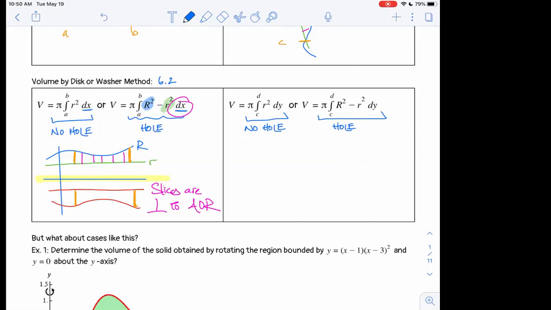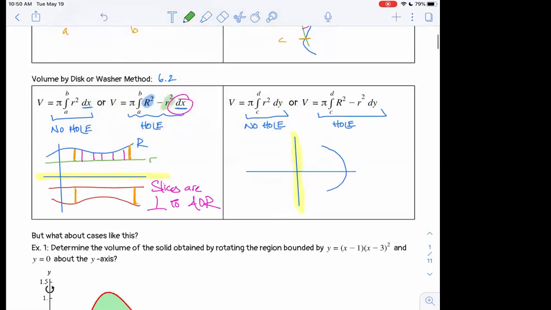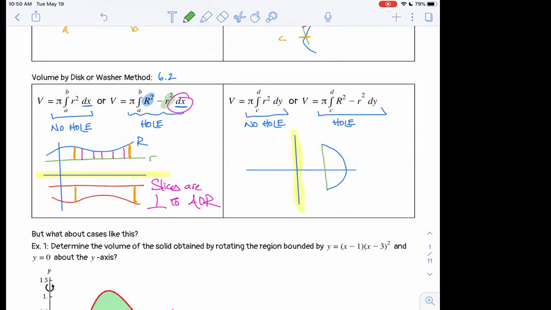Okay, so let's draw a picture that might help us out with that one. So let's say I have my axis of revolution right here. We'll put an x-axis in there. And I have, let's say, a right curve and a left curve.